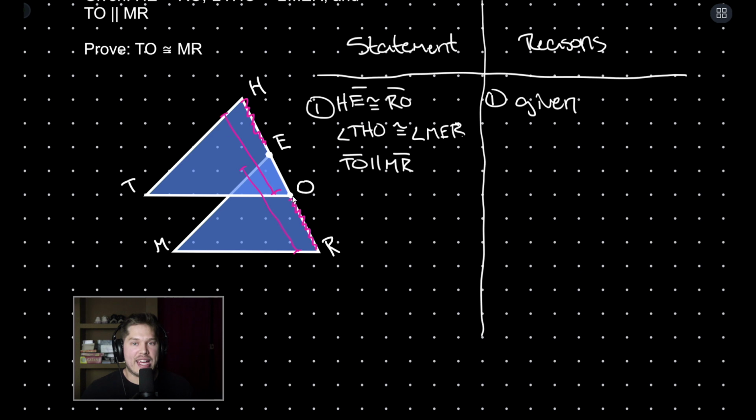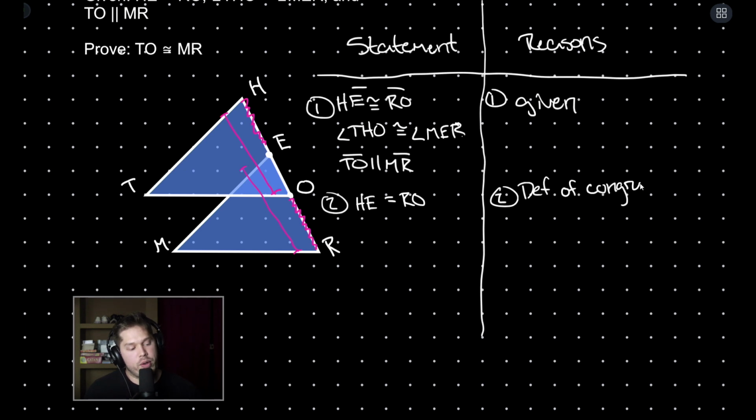So you don't add segments, you add measurements. My next step is I'm going to say that HE equals RO, and this is true by the definition of congruence.